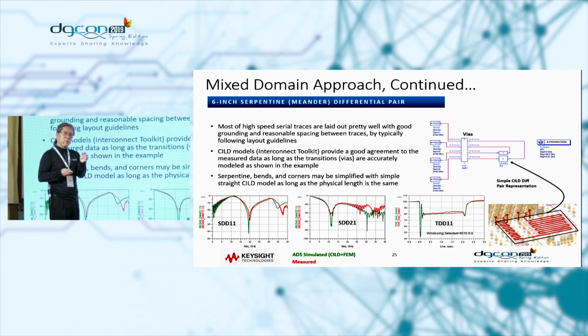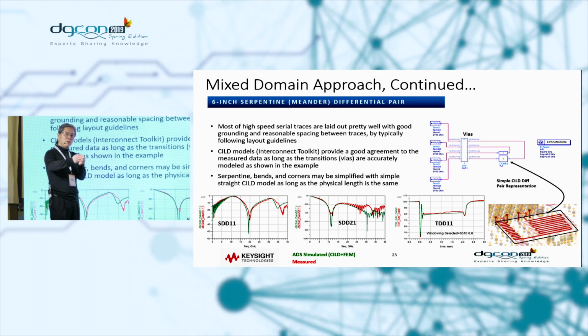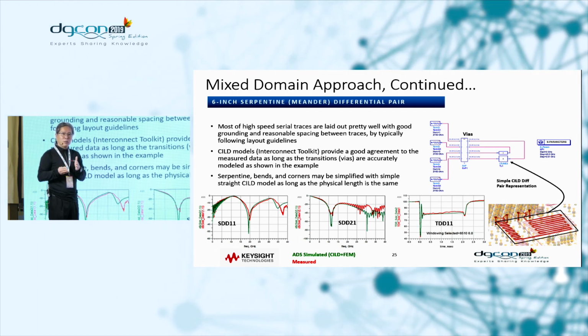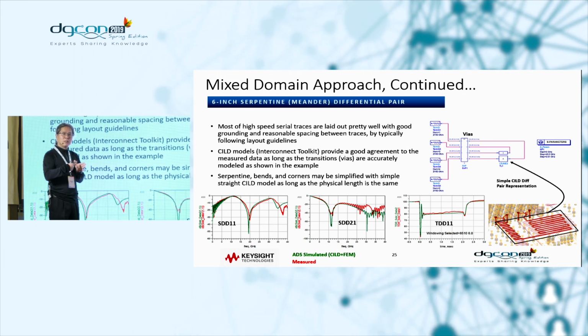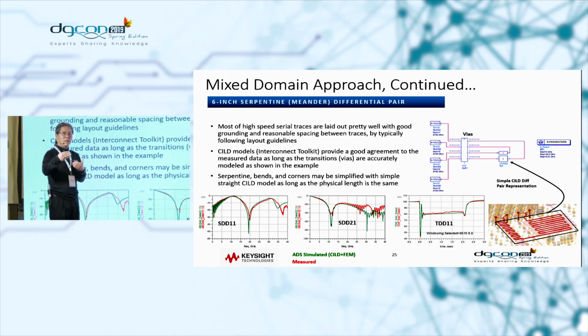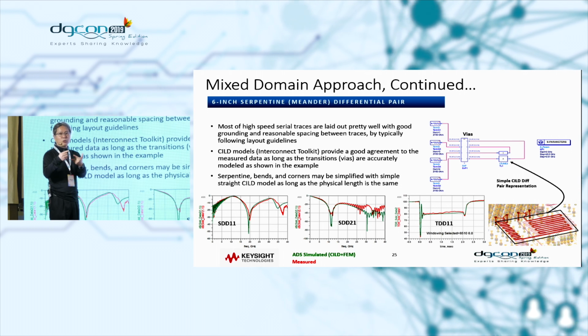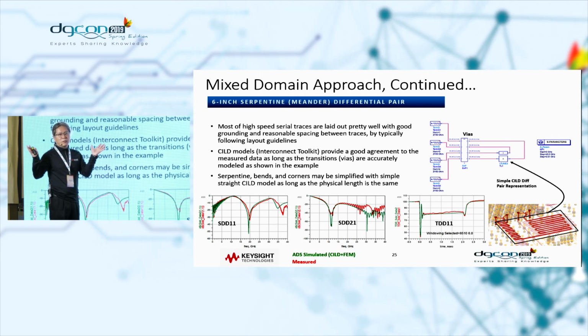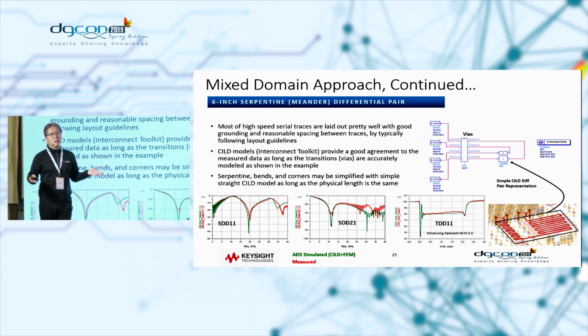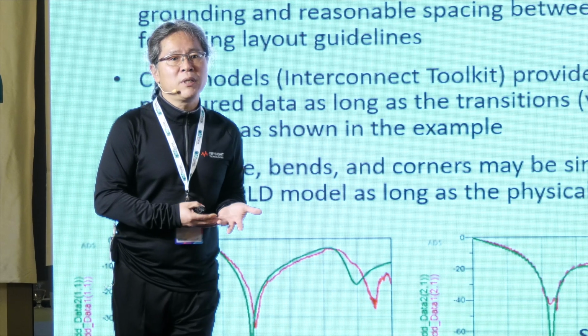Within the BGA you may have a smaller width, and when you fan out you may have a larger one. You really need to include them in the fan-out part. Once you exit that transition part, everything else you can put in as simple quasi-static 2D models. Does that make sense?